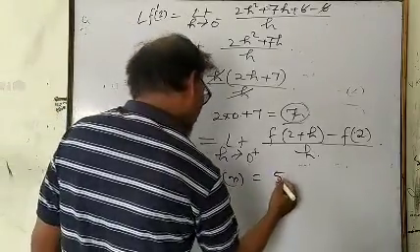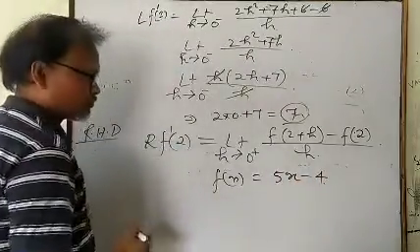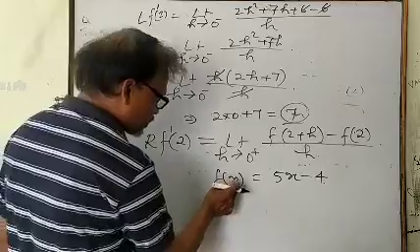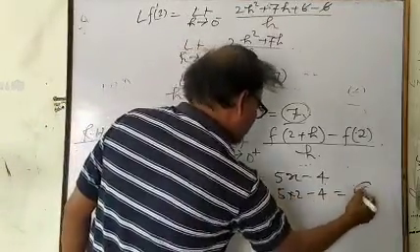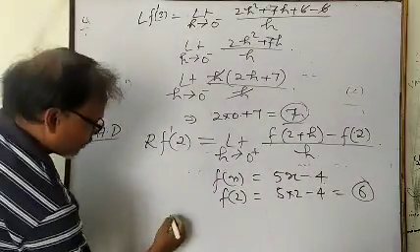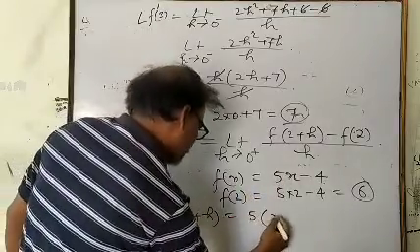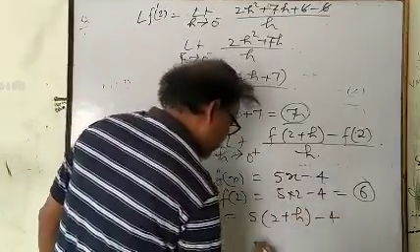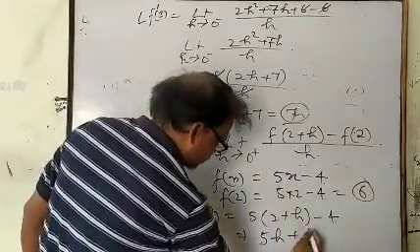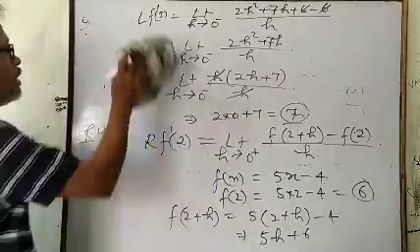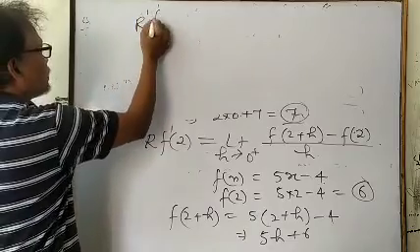So f(x) is equal to 5x minus 4. Put x is equal to 2 here. So f(2) is equal to 5 into 2 minus 4, that is 6. This is the value of f(2). Now f(2 plus h), put again 5 times (2 plus h) minus 4, and this is equal to 5h plus 10 minus 4, that is 5h plus 6. Then use these values and find the right hand derivative.